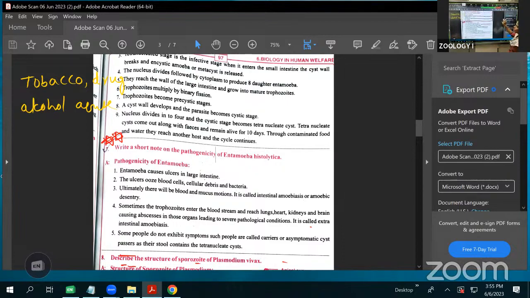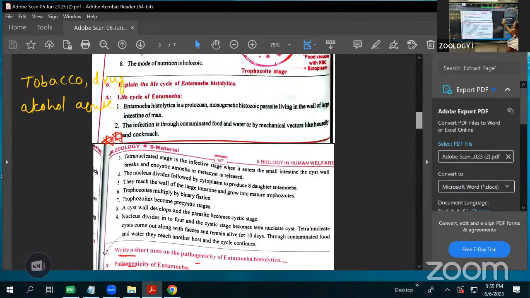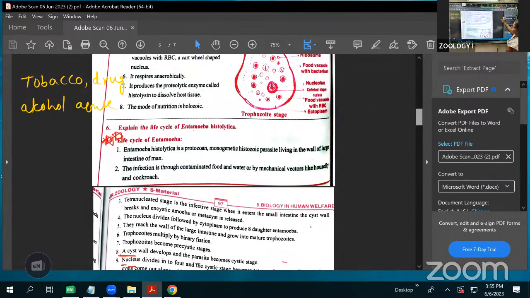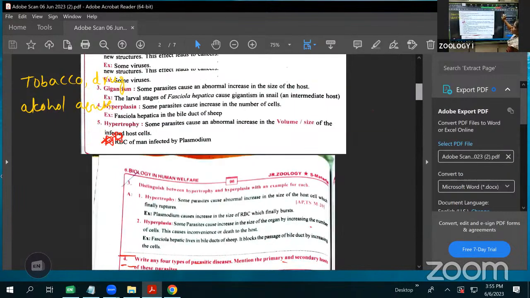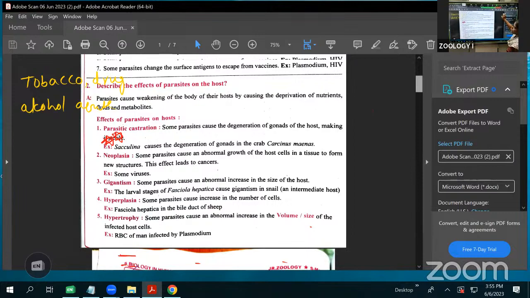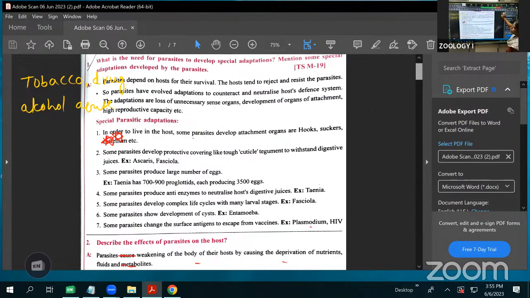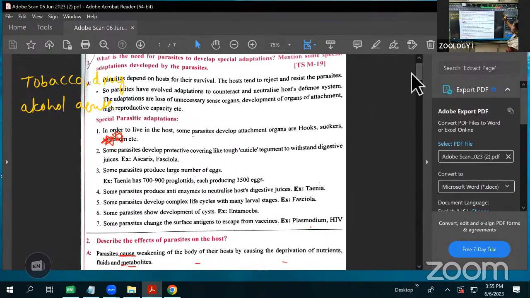See, parasitic adaptations. This one is also important.